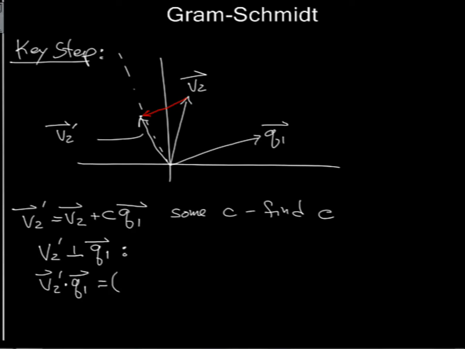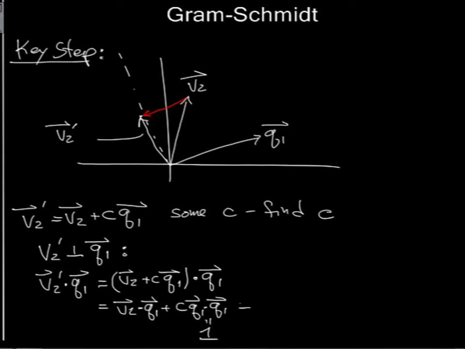v2 prime dot q1 is supposed to be 0, and that is to say (v2 plus c q1) dot q1. If you write that out, you get v2 dot q1 plus c times q1 dot q1, and this is a unit vector, so that term is 1, so you simply get v2 dot q1 plus c.